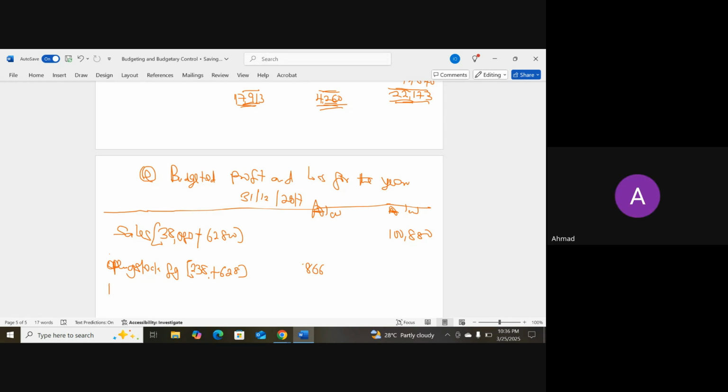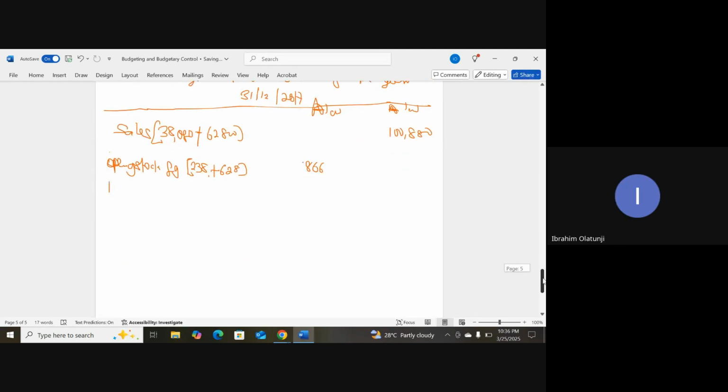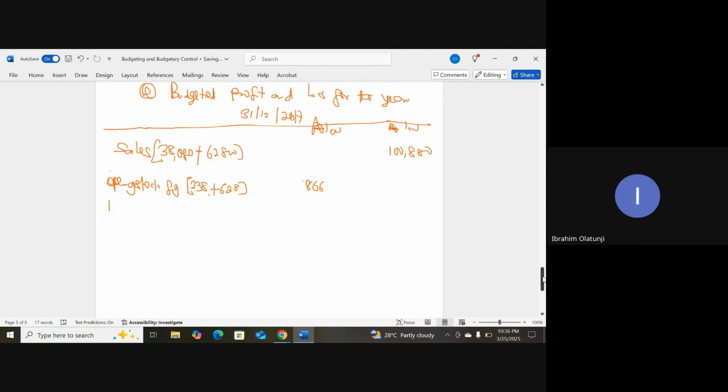Purchases. When we say purchases, they are a component of direct cost. And these direct costs are direct material, direct labor, and production overhead.